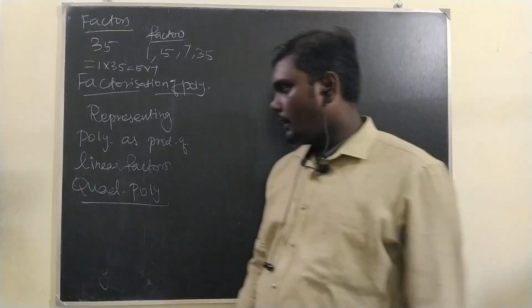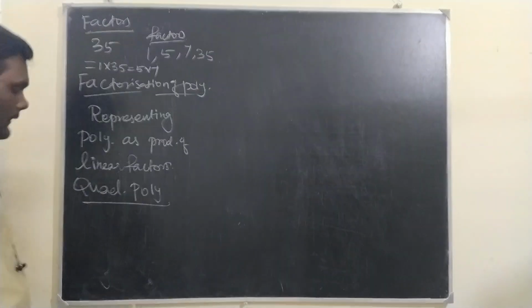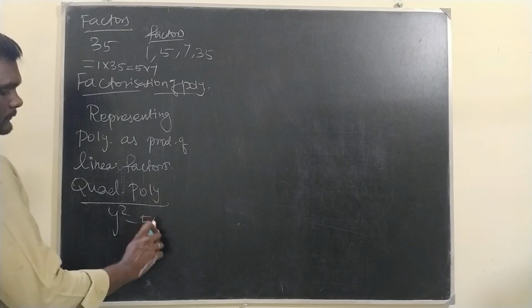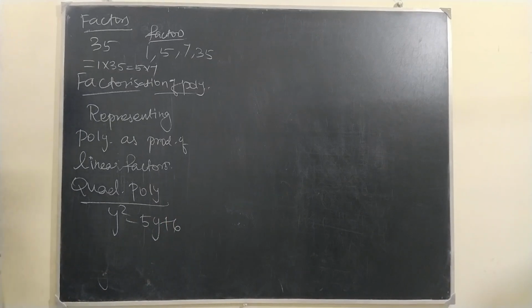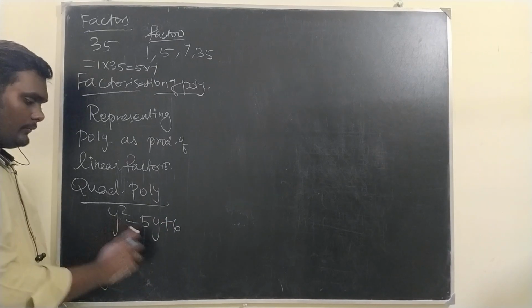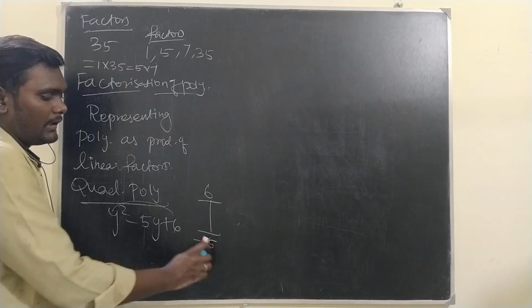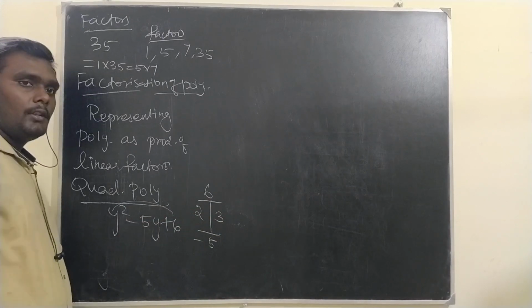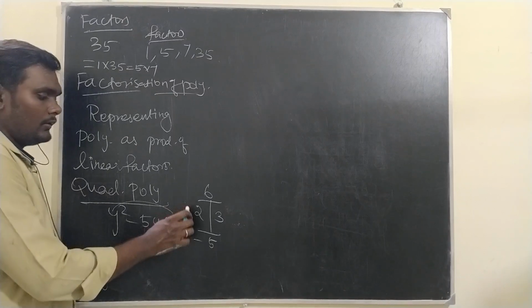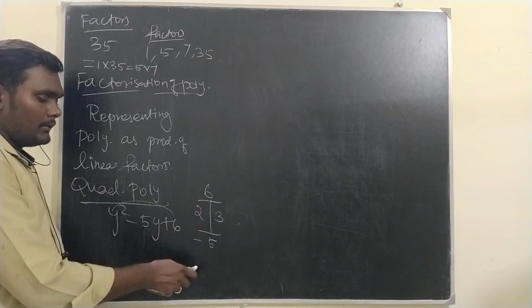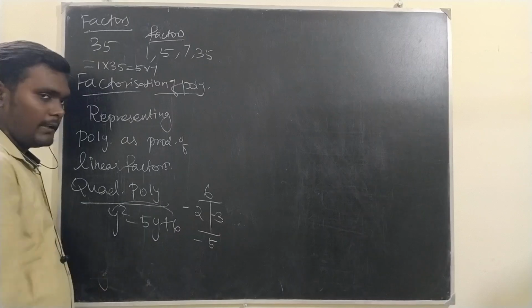See, for example, y square minus 5y plus 6. Then how will you find? By product 6, by addition minus 5, we get 2 threes are 6. So positive 6, negative 5, addition. So minus 2, minus 3.